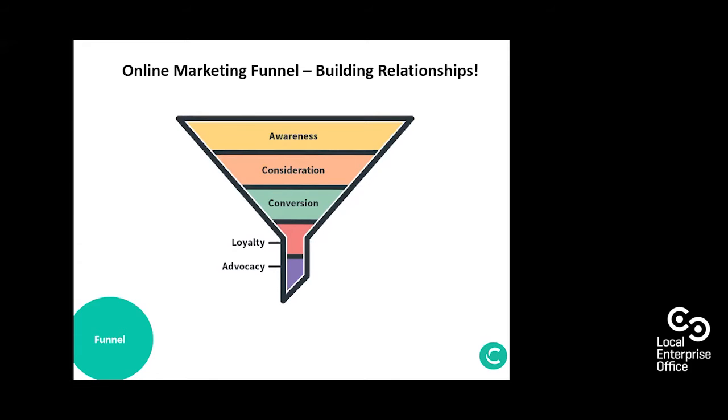Conversion is about getting them to take the step, making that first purchase, becoming your customer. Loyalty obviously is about getting an existing customer to become a repeat customer, and advocacy then is about getting someone to become an advocate for your business. So in an online context, for instance, that would relate to something like reviews.